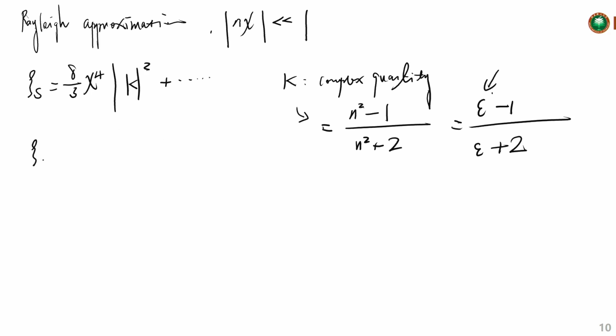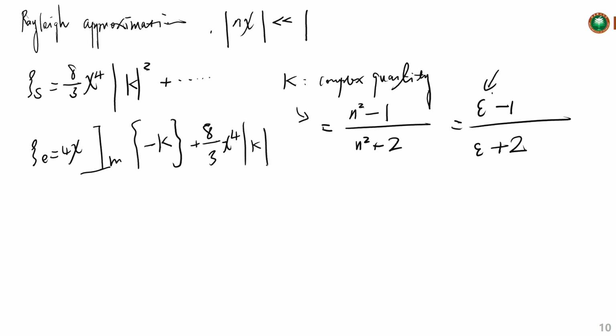For the extinction it is 4 times chi times the imaginary part of minus k, plus a term with chi to the power 4 times k squared, like this way. So that means it's some smaller value of terms.